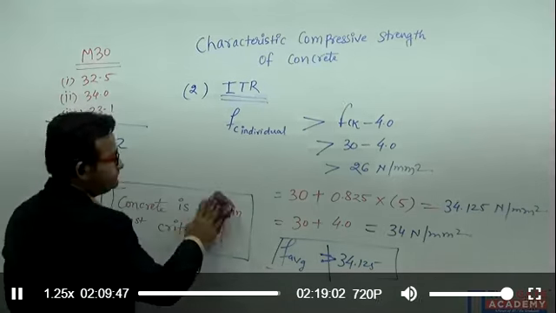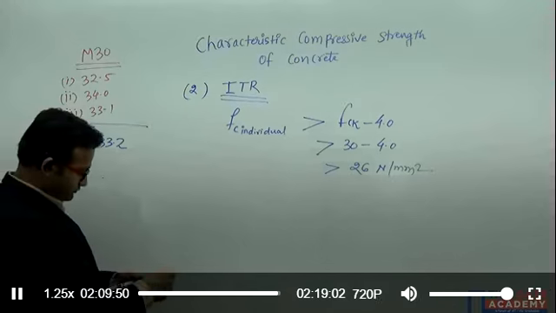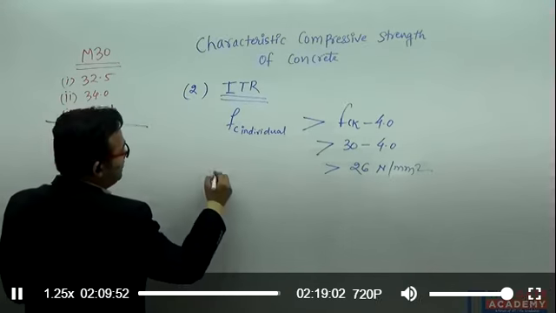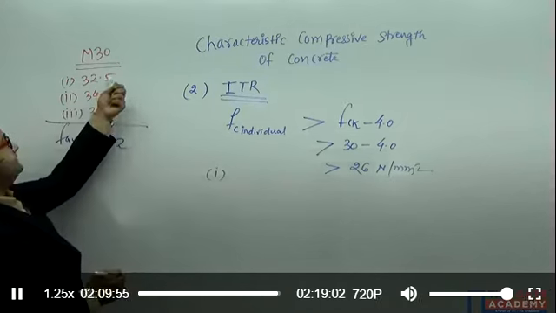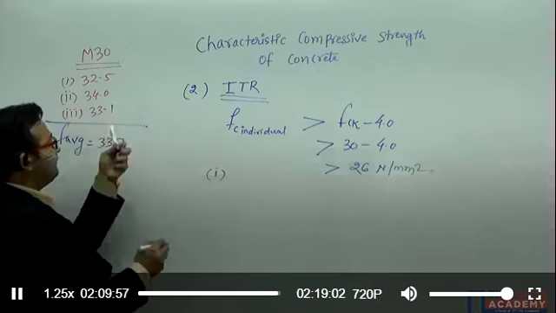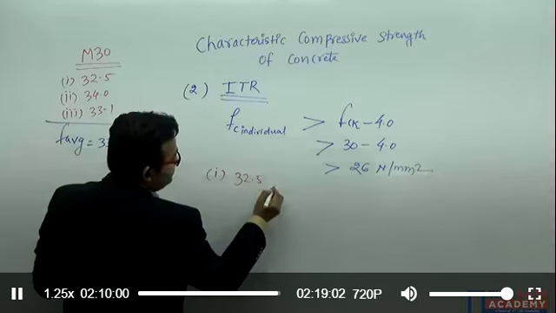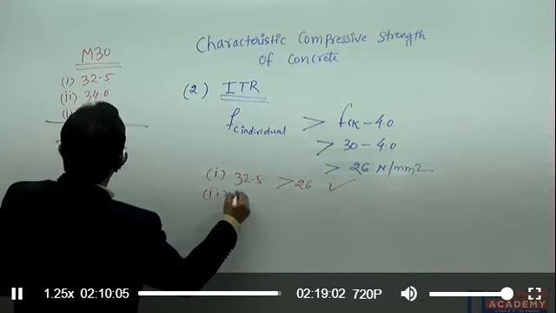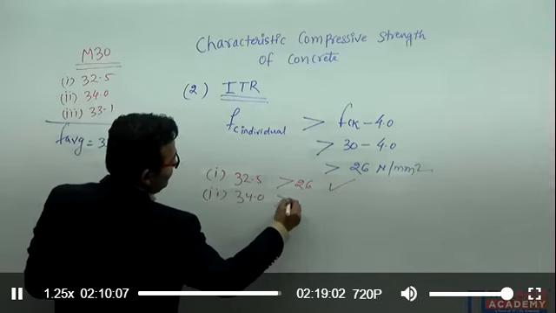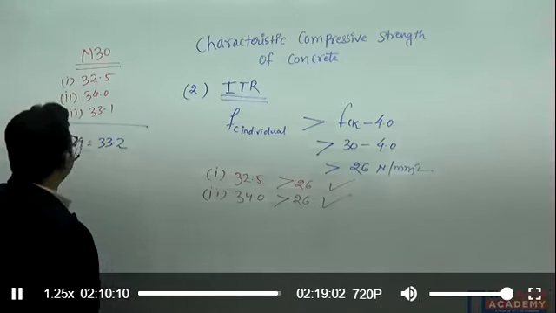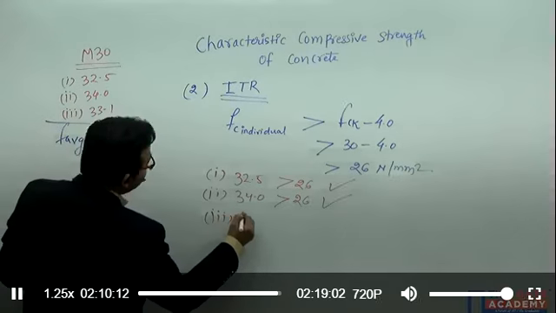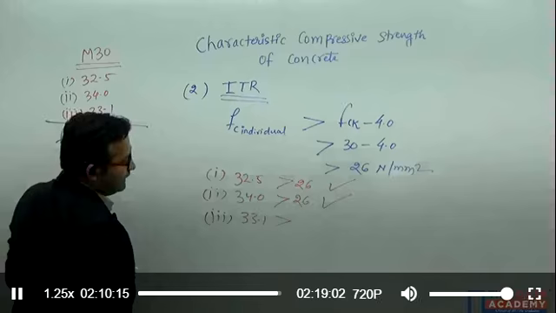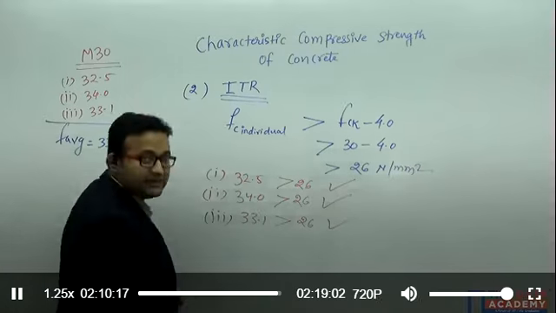So let's check. Your cube number 1 is giving fc individual of 32.5, which is greater than 26, so cube 1 is okay. Your cube 2 is 34.0, greater than 26, so cube 2 is also okay. Your cube number 3 is giving strength 33.1, also greater than 26, so cube number 3 is also okay.